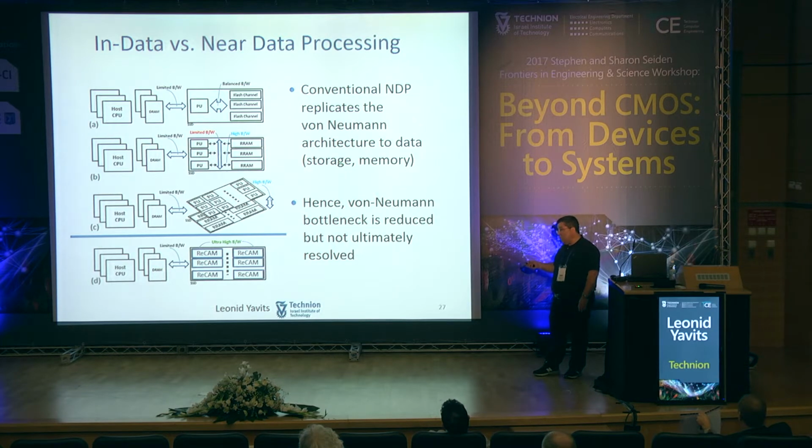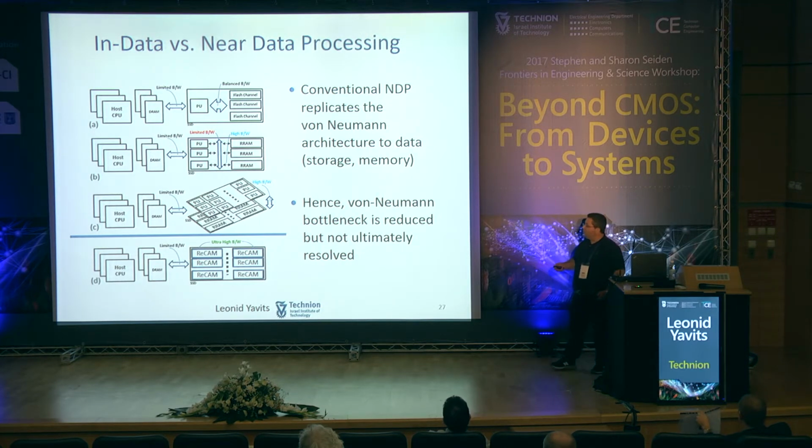Now, one legitimate solution which is offered for processing in memory is 3D integration, where you have, for example, two silicon layers. The first one is PUs, and the second one is memories.